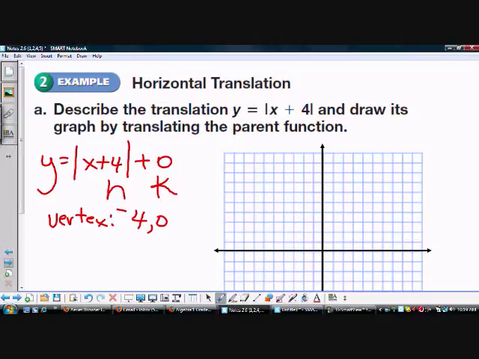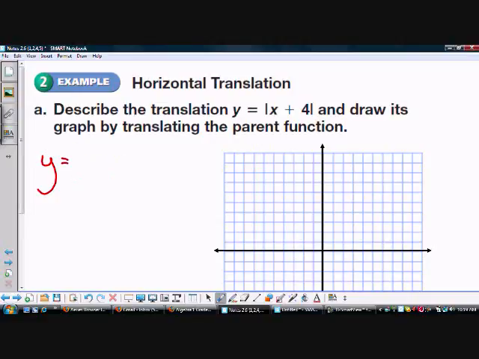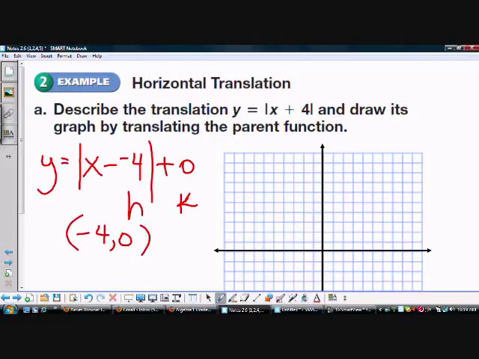This actually is, let me go backwards a little bit here. This is the absolute value of x minus negative 4 plus 0. My h is negative 4, my k is 0. My vertex is at negative 4, 0. They kind of go in the opposite order. So this was x plus 4, so my vertex is negative 4.